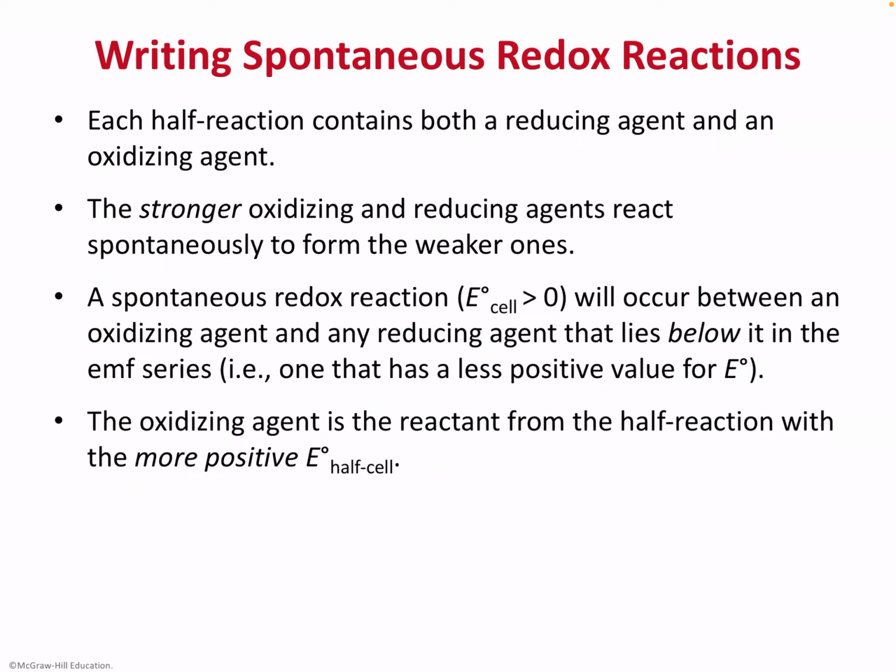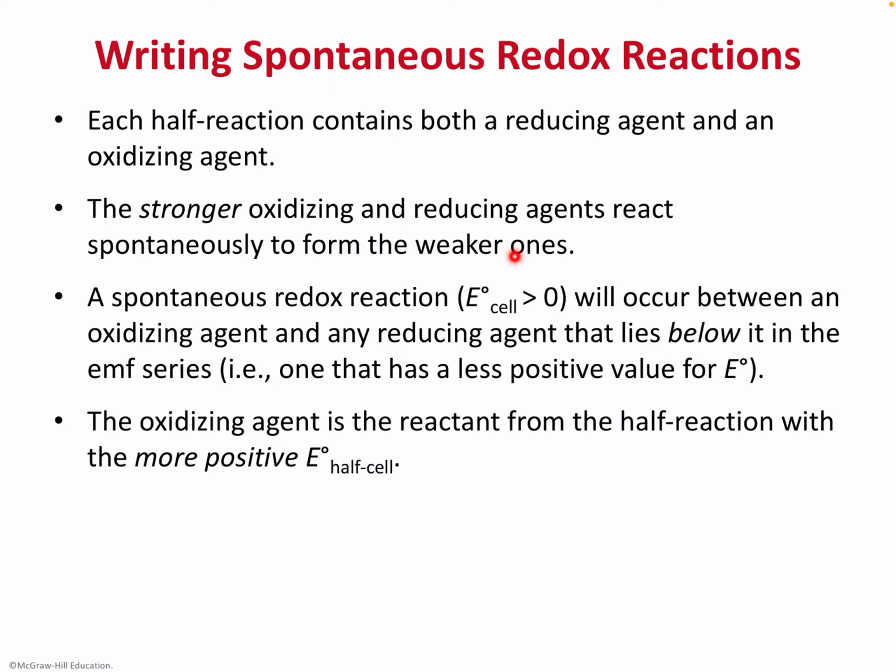Writing spontaneous redox reactions. Each half reaction contains both a reducing agent and an oxidizing agent. Right? So you take two half reactions, each one has a reducing agent and an oxidizing agent. The stronger oxidizing and reducing agents react spontaneously to form the weaker ones.